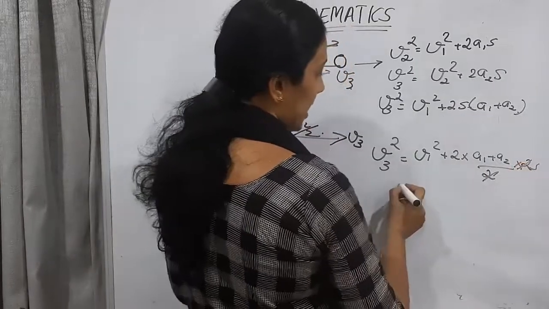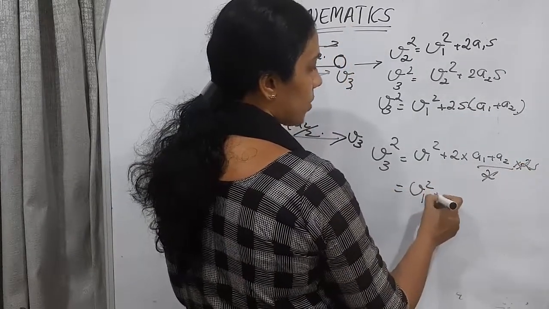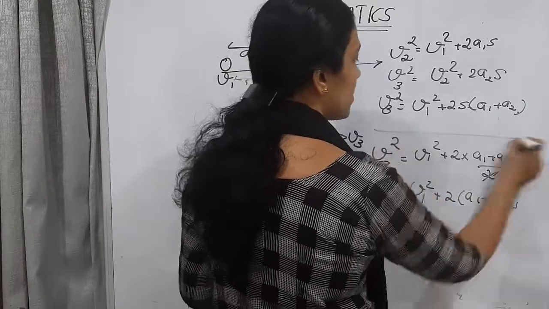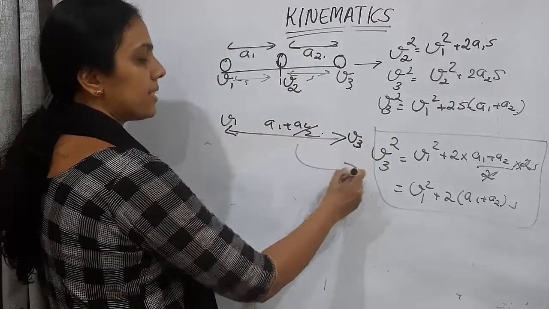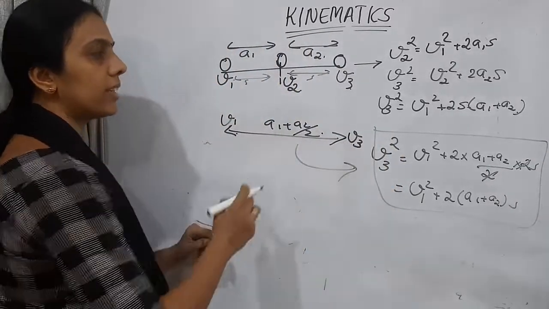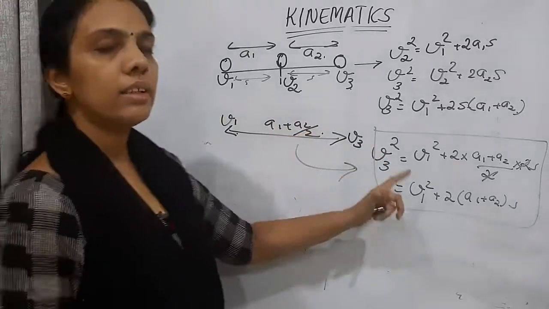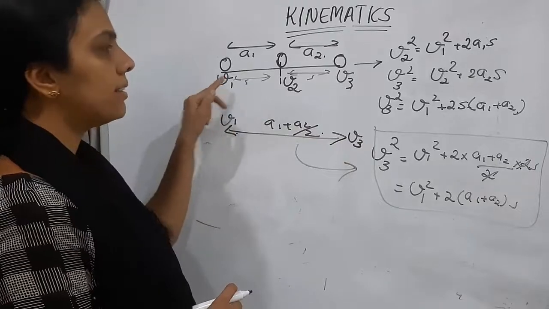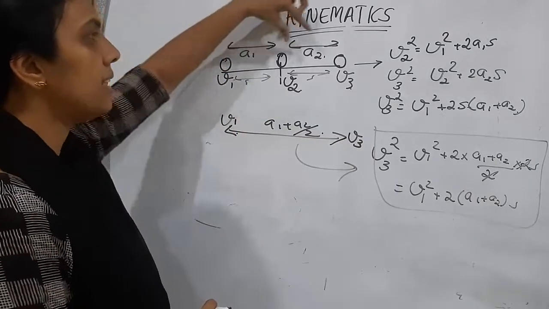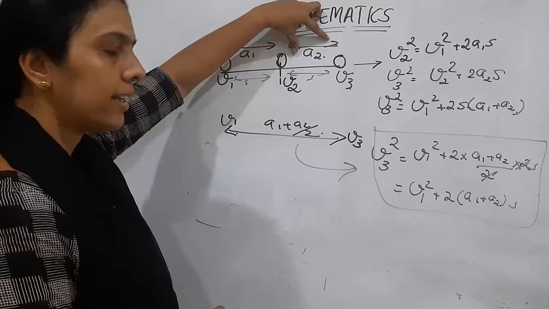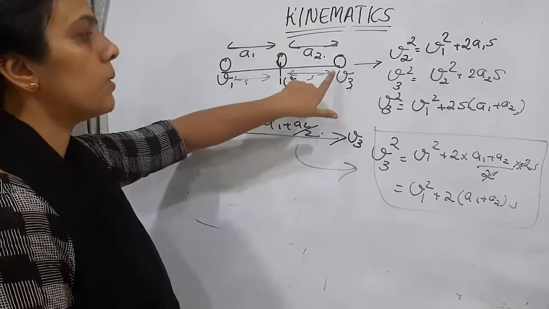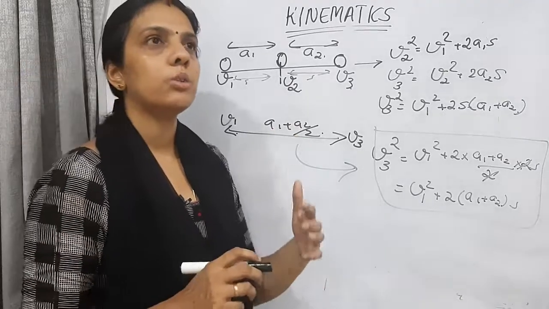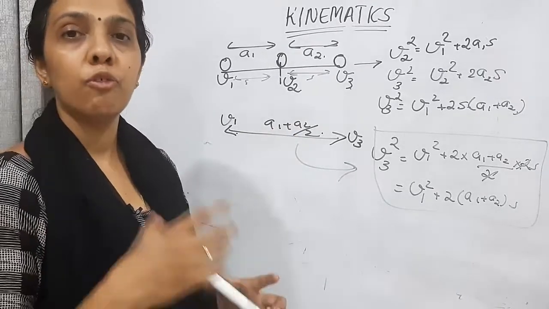So here we will get v3 squared equals v1 squared plus 2 into (a1 plus a2) into s. So this is from the second stage. If we are using the same acceleration throughout, then the final velocity will be v3 only. And if we are using acceleration a1 and in the second half acceleration a2, then also the final velocity will be v3 only. This one you should keep in mind as a formula also.